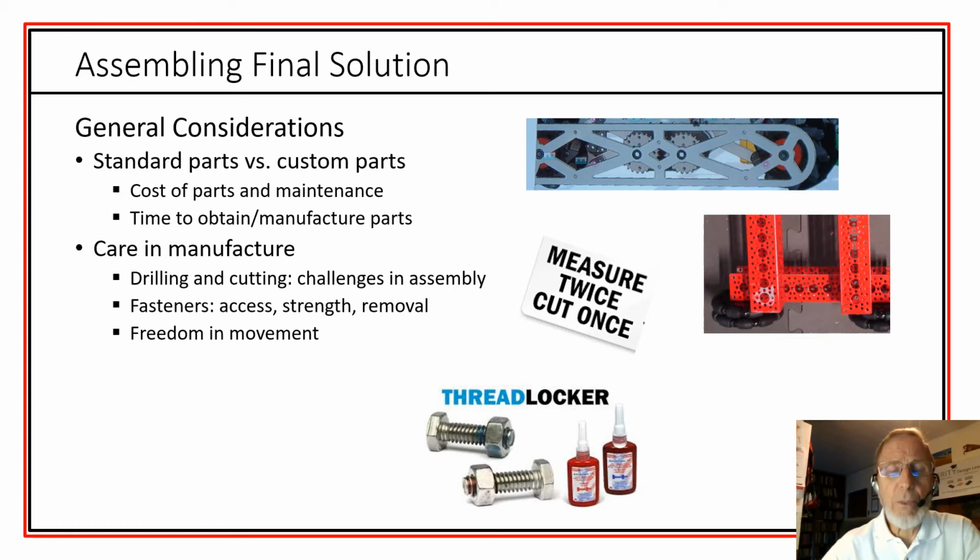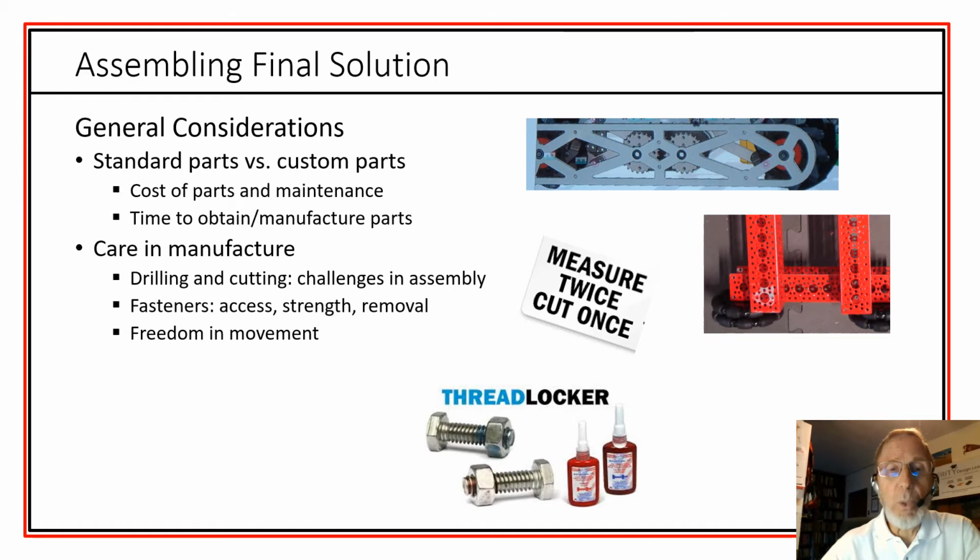We want to consider the right kinds of fasteners that are located so we can access them as we need to. They provide the strength for fastening. They're removable, or perhaps we need them so that they won't loosen over time. So we need to consider the fastener and how it's implemented.